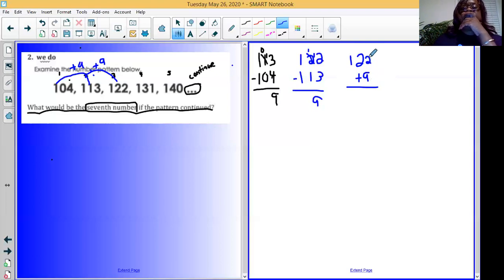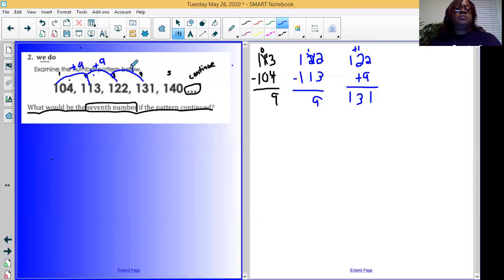Okay, remember we're adding. 9 and 2 is 11. Put down the 1. The plus 1 up here. 2 plus 1 is 3. And then there's a 1. So 131. So, yep, there's another plus 9.